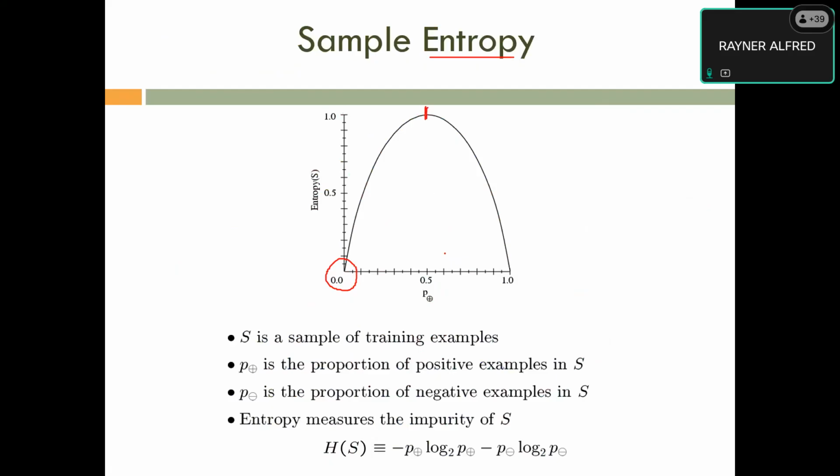That means half of your sample belong to the positive class and the other half belong to the negative class. When you are here, your entropy is 0, so very pure.